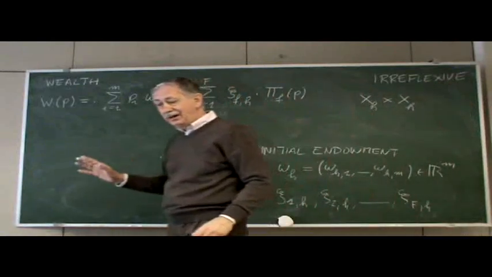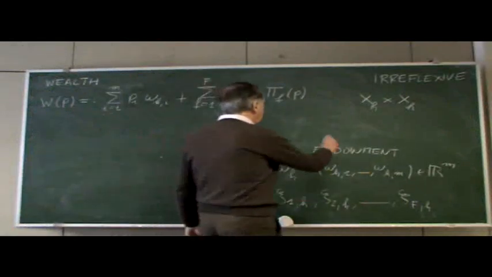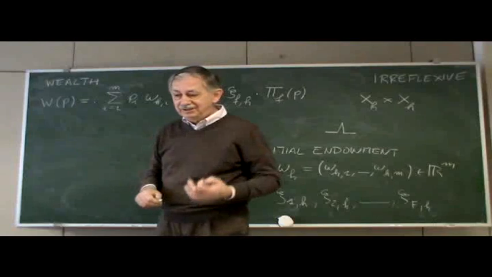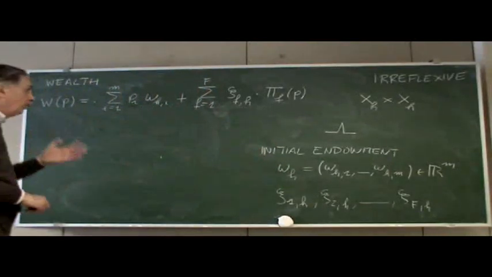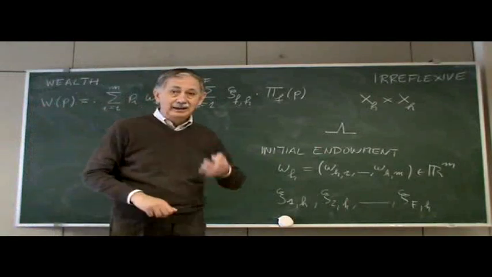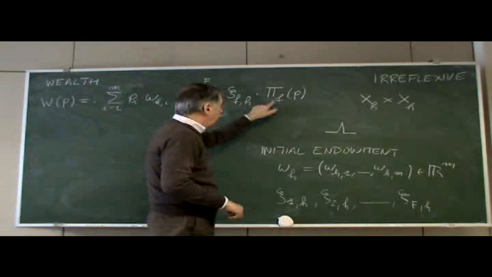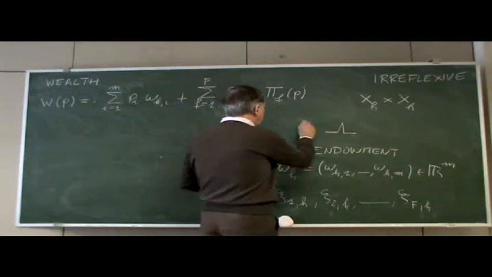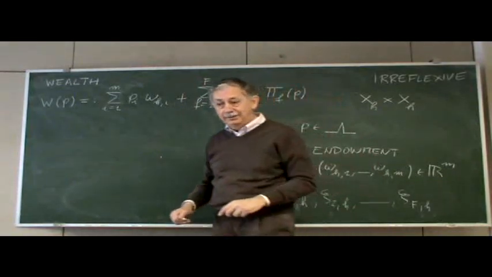Note that this function is only defined in the set lambda. You remember lambda was the set of all the price systems according to which every firm has a maximum profit. In order to define pi f of p, it is necessary that P belongs to this large lambda.